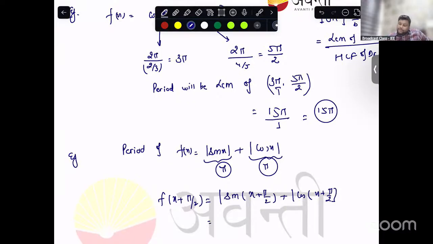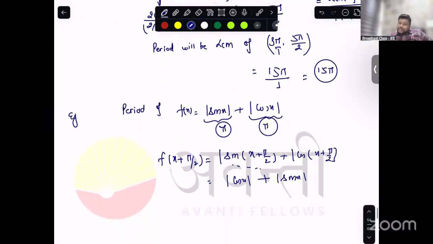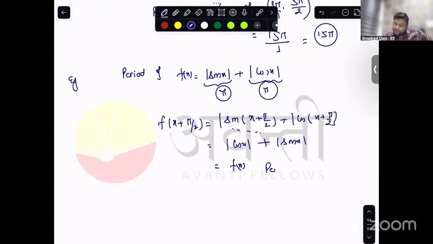Now, sin of x plus pi by 2 is cos x. And cos of pi by 2 plus x is minus sin x. Mod absorbs the minus, so f of x plus pi by 2 equals f of x. That means this function is periodic with period pi by 2.